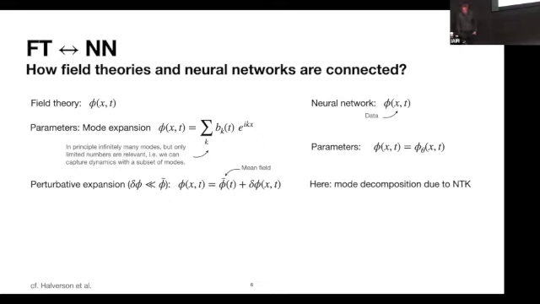In general, what we often do in physics when we describe field theories is a perturbative expansion. For instance, we can expand around some mean field and look at perturbations around it. And as I will argue, this is very much a similar thing we can do in terms of mode decomposition of the neural tangent kernel.